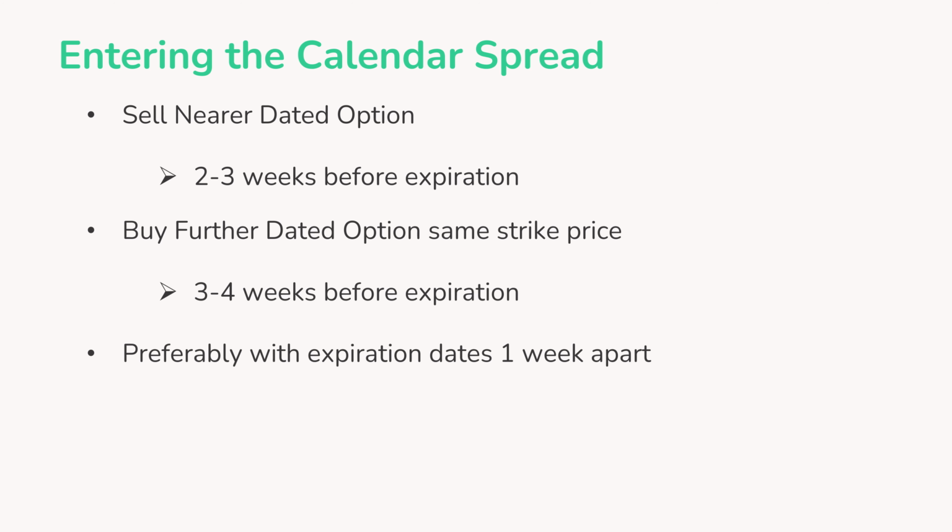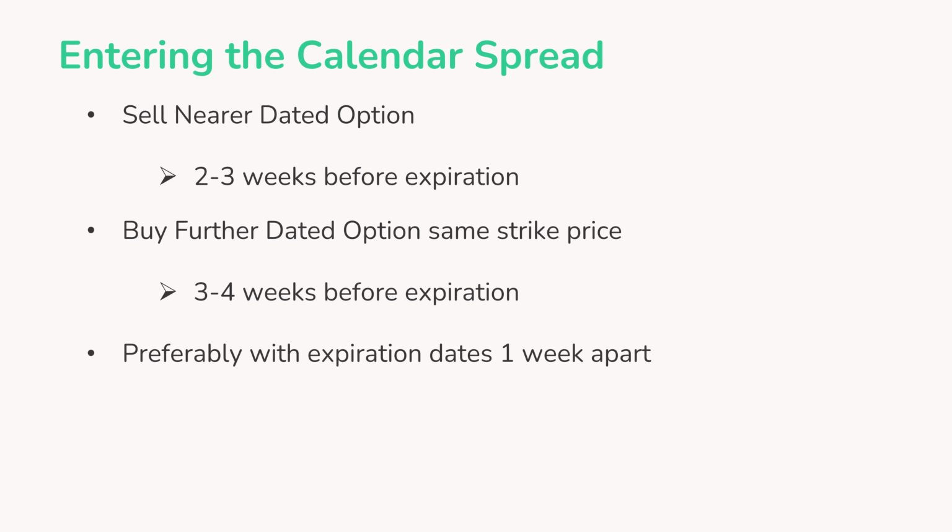And you won't be able to offset the cost as much, and you will need a lot more capital to enter this trade. And this essentially means that your risk to reward ratio for the calendar spread won't be as good. This might sound a little confusing. Don't worry about that.